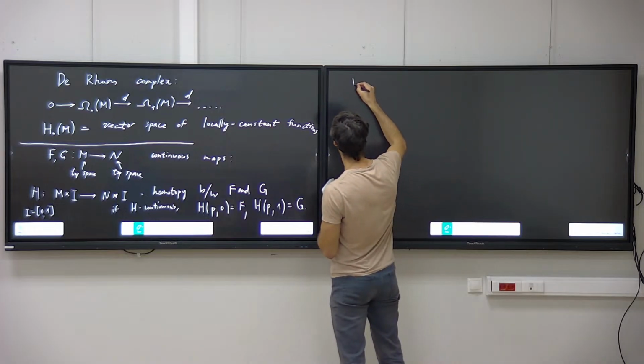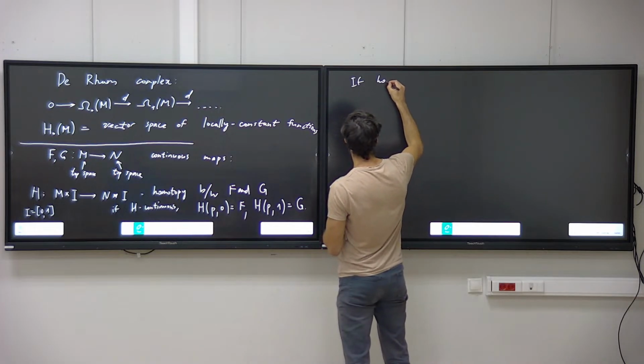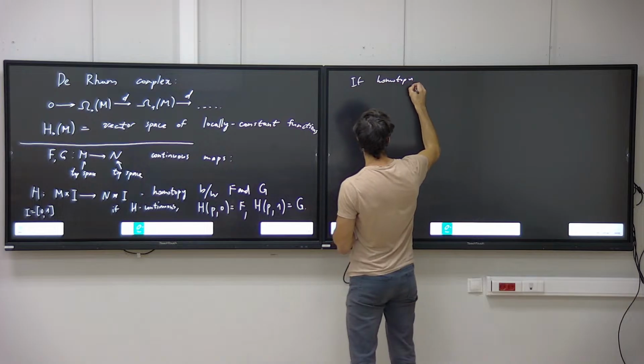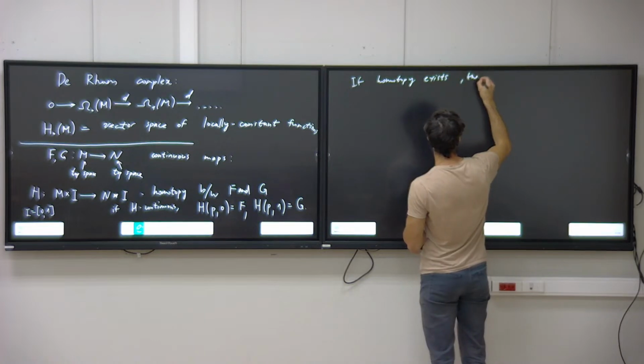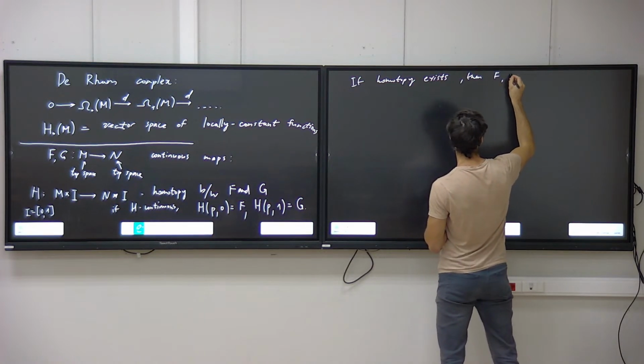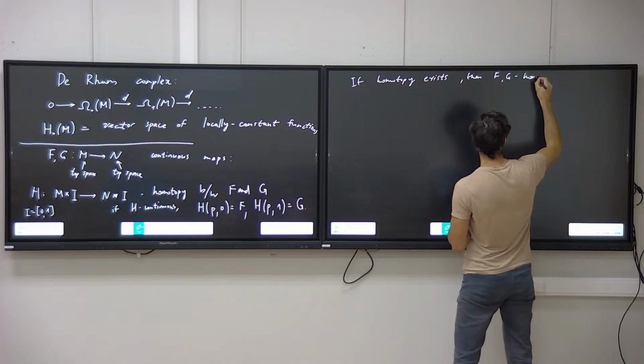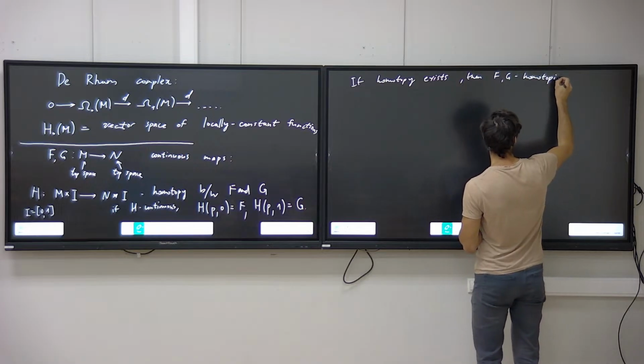If a homotopy exists, we call f and g homotopic and write it like that.